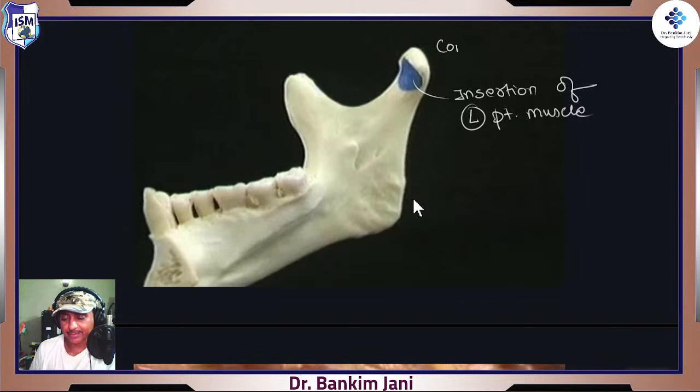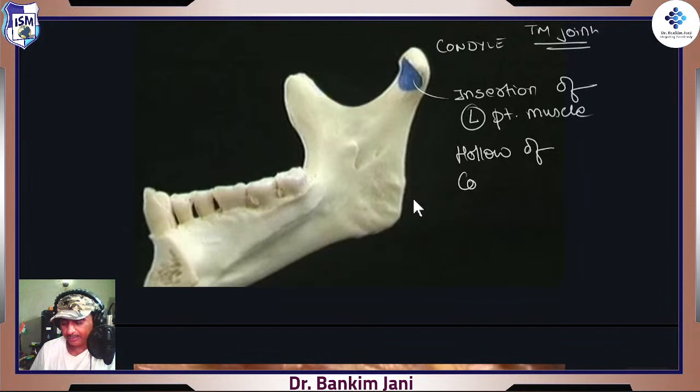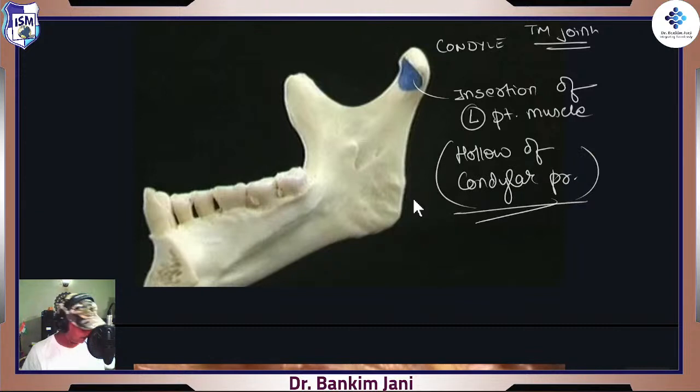This is the condyle. On top of it is the TM joint. But it is this condylar hollow, the hollow of the condylar process, that's where it is working. That's where the insertions are.